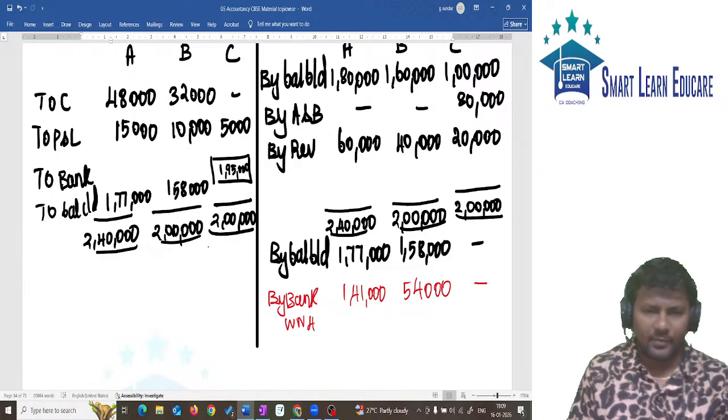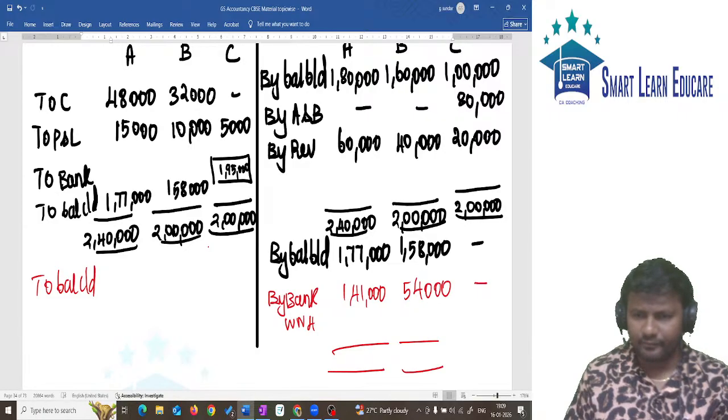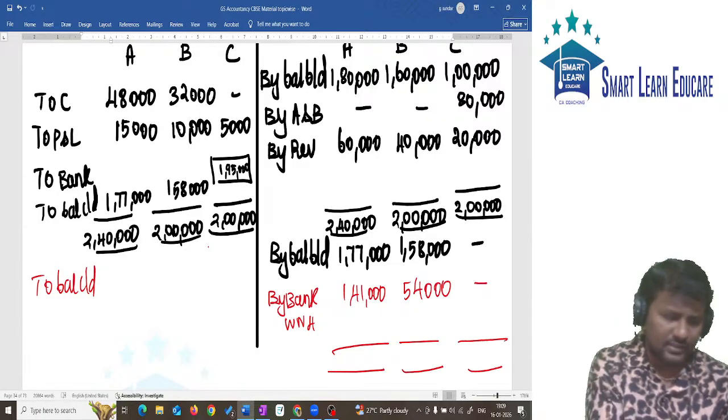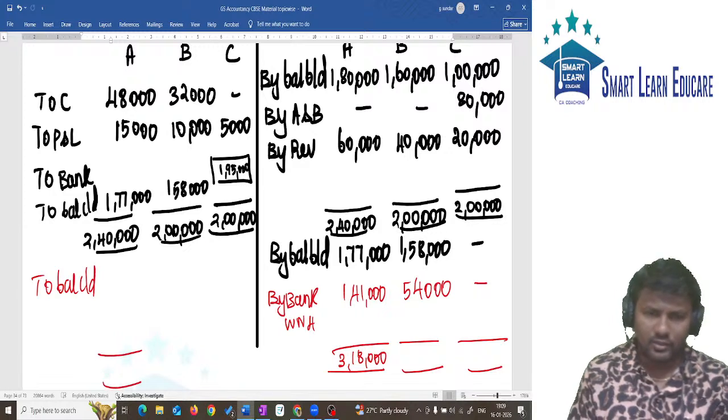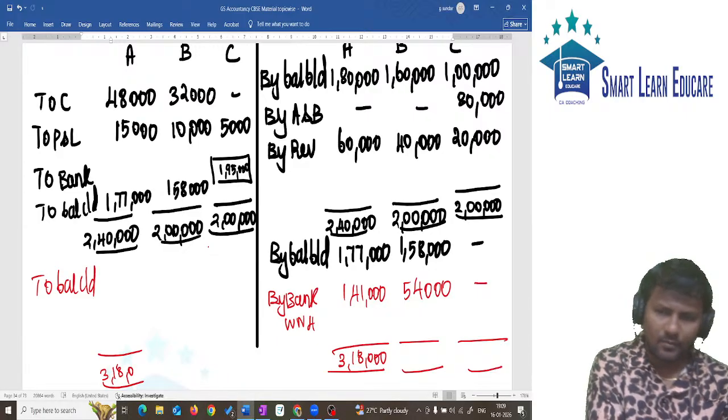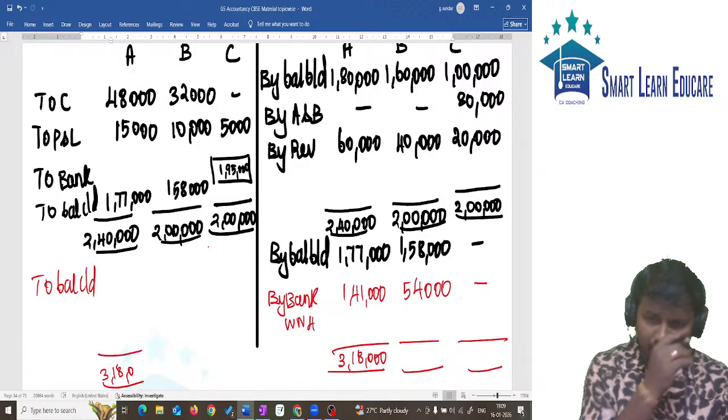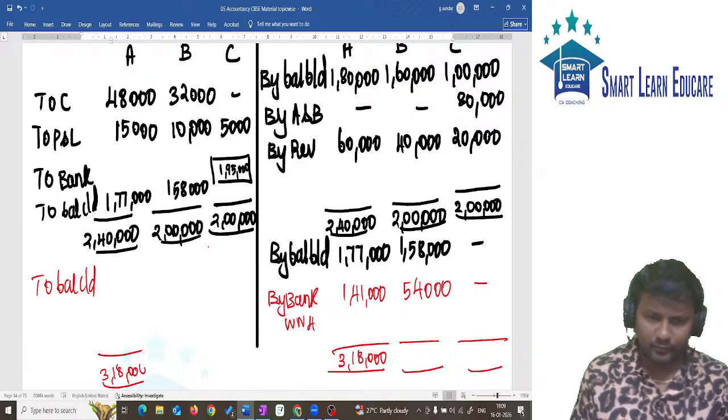Okay, so what is your closing balance? To balance carry down: 177 plus 141 will give you 3,18,000. So this is your balancing figure, 3,18,000. This is your closing balance.